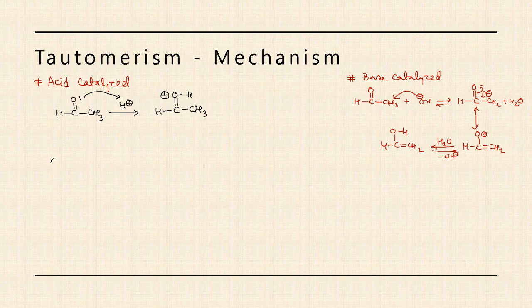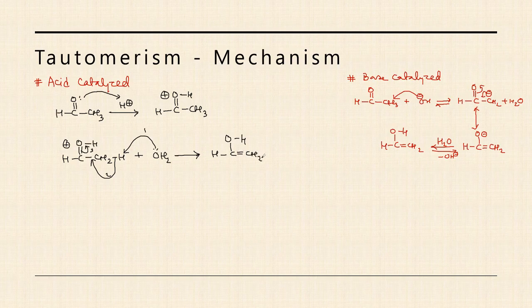Then the ion which is formed will react with H2O, where H2O will pick up this hydrogen. This will come over here and this will come over here. So 1, 2 and 3 represent the steps in which the proton has been abstracted. We will obtain OH double bond CH2. This will be our outcome.